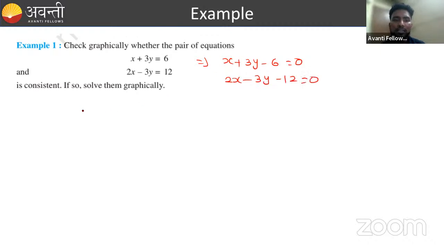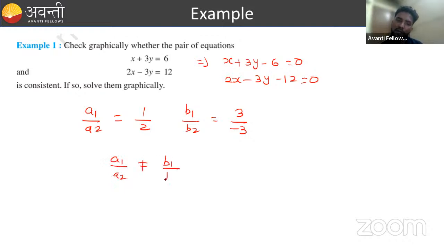So you can see what is A1 by A2? It is 1 by 2. What is B1 by B2? It is 3 by minus 3. So you can see A1 by A2 is not equal to B1 by B2 because this is 1 by 2 and this is equal to minus 1. So both are not equal. It means it will give a consistent solution. Consistent, or you can also say unique solution.